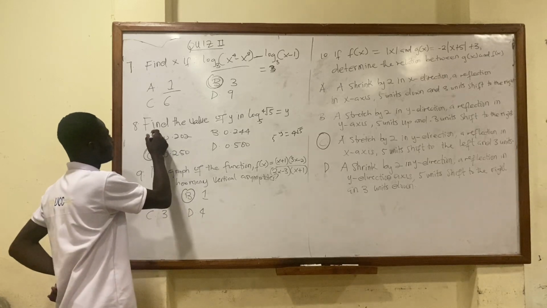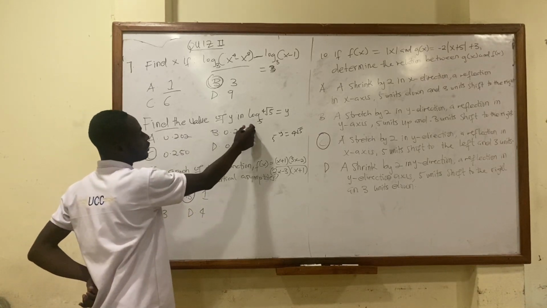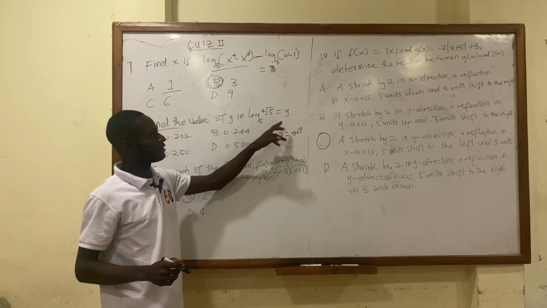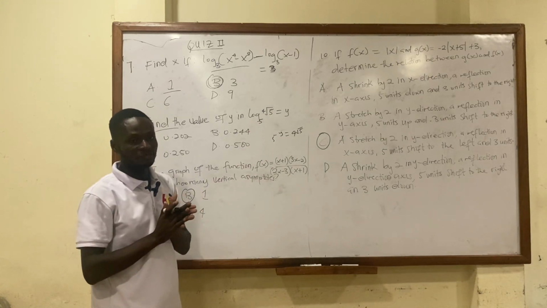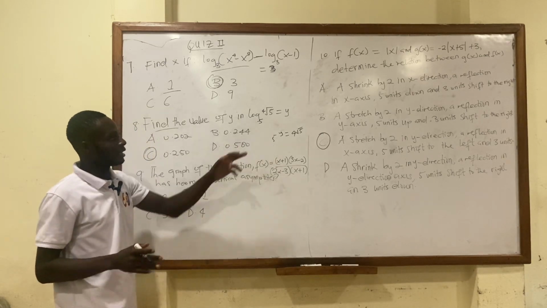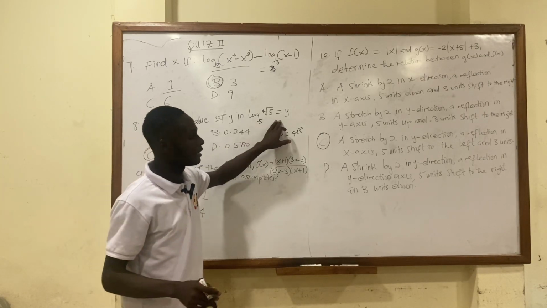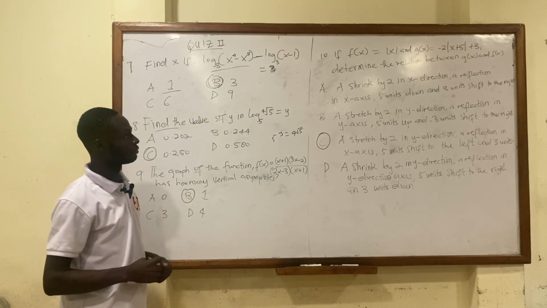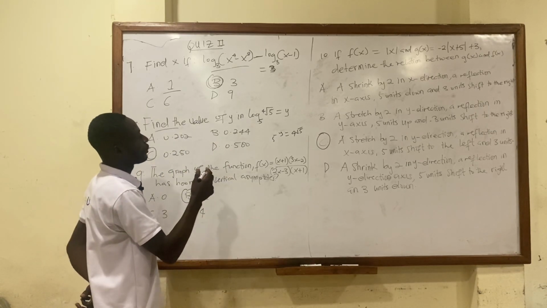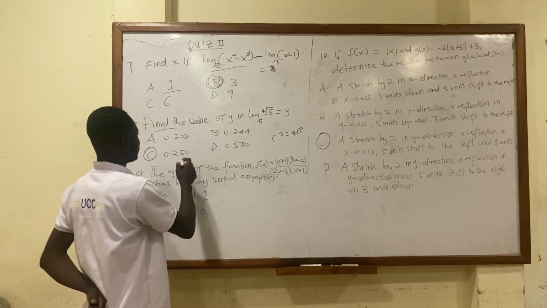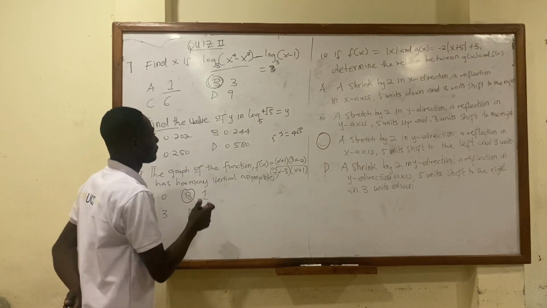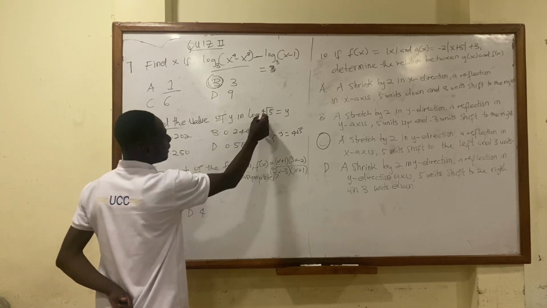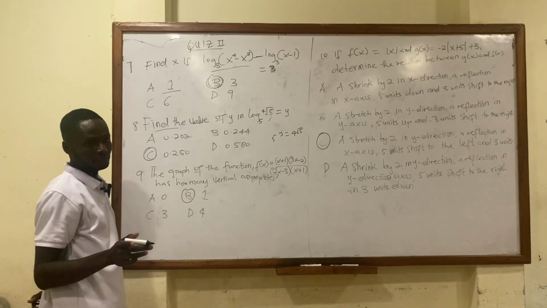And then question 8, they said we should find the value of y in log base 5 of the fourth root of 5 is equal to y. So this is also very easy. Take your calculator, punch this and equate to y, and then you solve for y. Or you can decide to take any of the options over here, and if y is 0.25, then this whole thing too should be giving you 0.25.